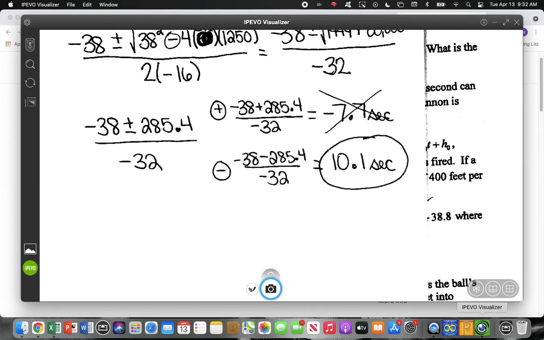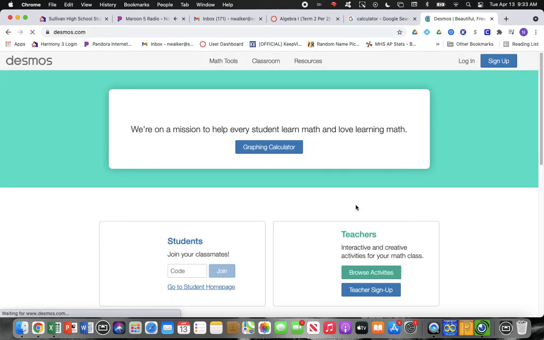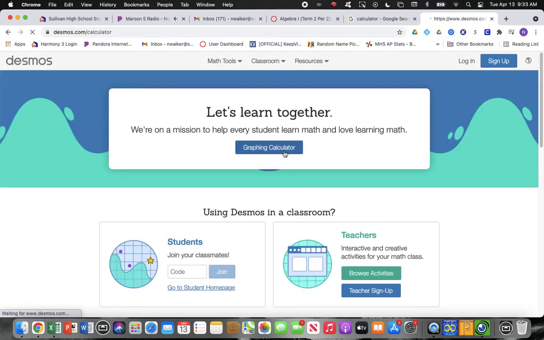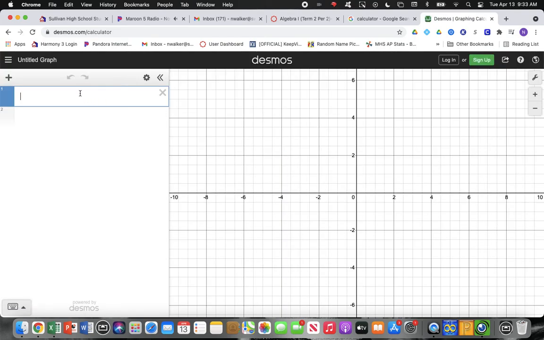And so I do want to show you guys on Desmos how this works. You guys don't have to open this up. This is just for me to show you. So if you look at this equation on Desmos that we solved, Desmos doesn't know H's and S's, so I'm going to use X's and Y's just like we did.